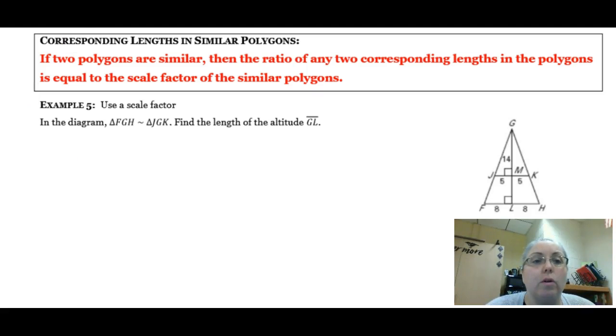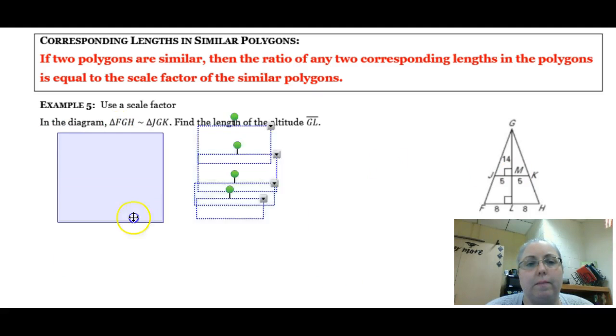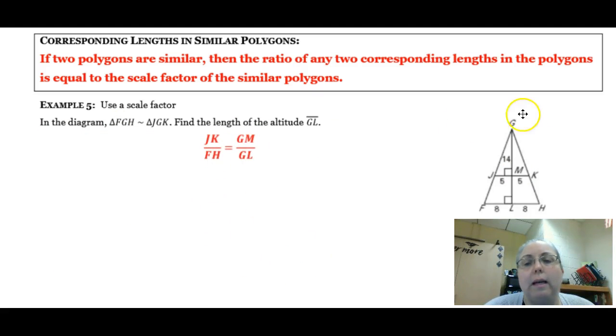That means altitudes. So in the diagram, I know that this bigger triangle is similar to this littler triangle, and I want to find the length of the altitude GL. So if I know the similarity statement, then I know that this side JK corresponds to this side FH in the bigger triangle.